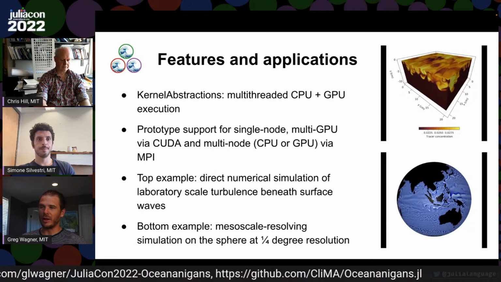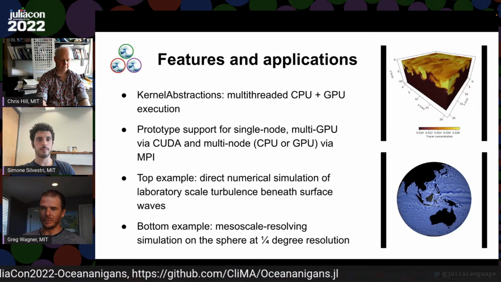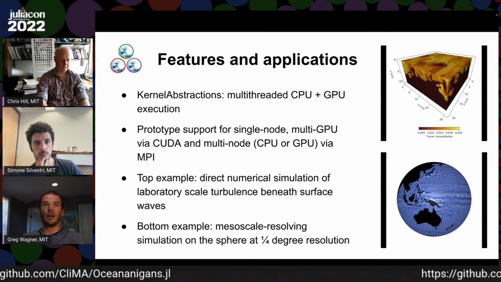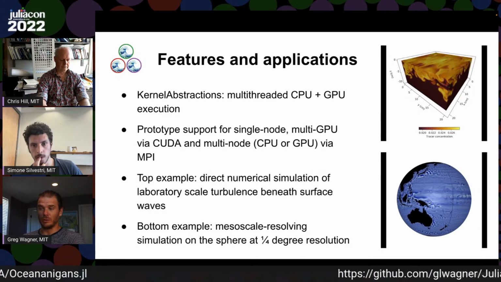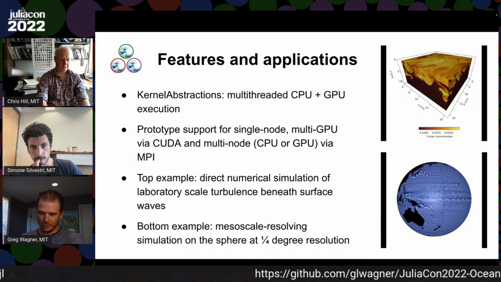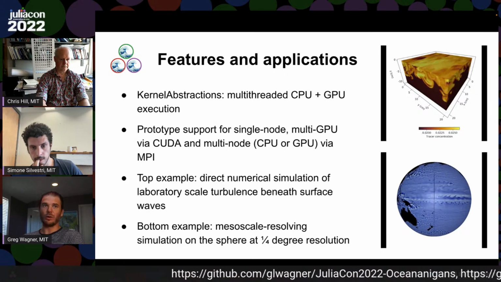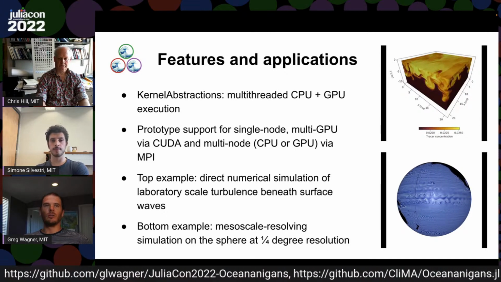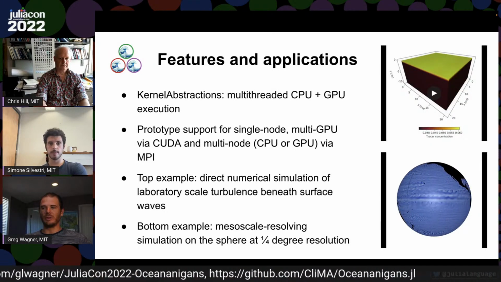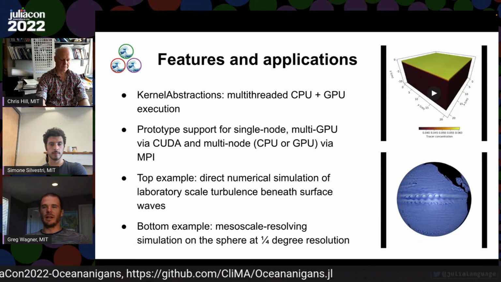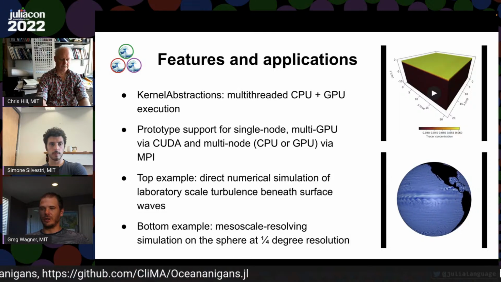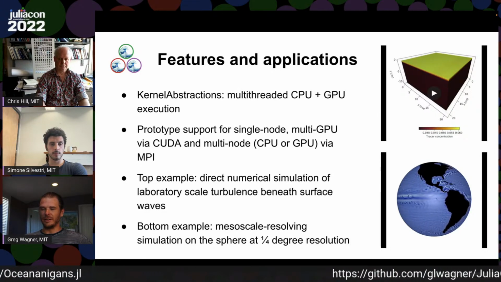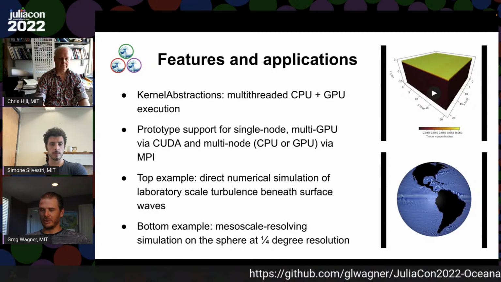And the bottom example is a simulation on the sphere, so a global ocean simulation at a 1/4 degree resolution, which at that resolution you resolve part of what we call the mesoscale eddy field, which are all the interesting wiggles and eddies visible in that visualization.